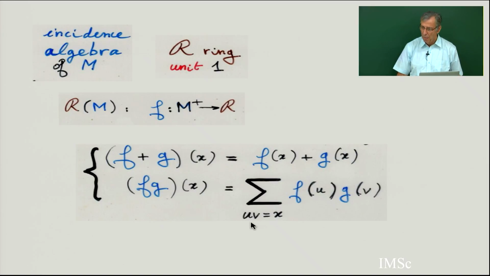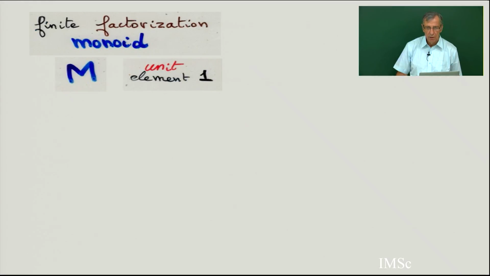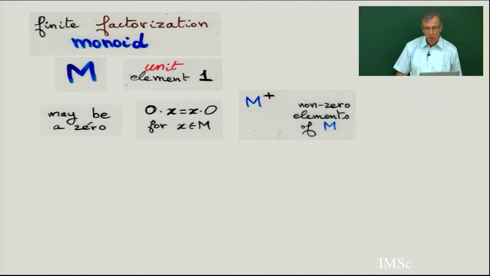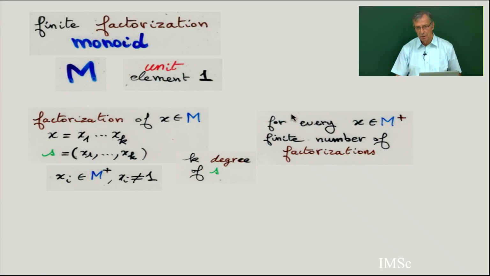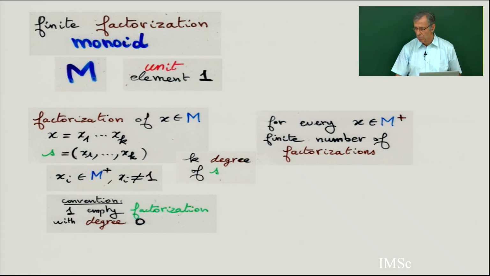What is M plus? The set of elements which are non-zero. So it was M plus, non-zero element of M. Finite factorization monoid. Wait, so 0 and 1 are different things.